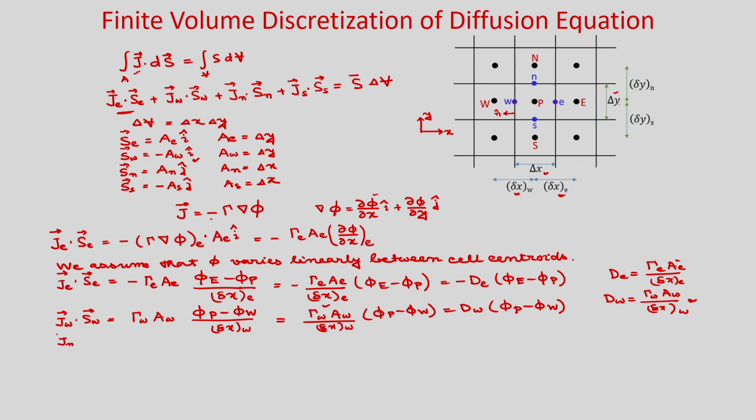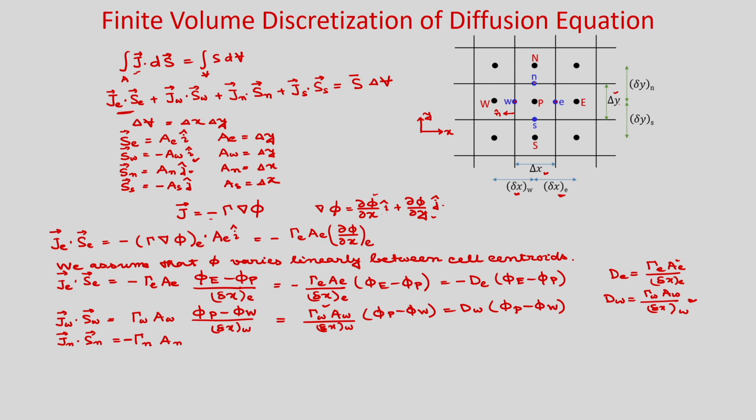Similarly, for the north face you do. So, north face, okay, the north face area is A_n j, and now j dot j will be 1, okay, and i dot j will be 0. So, only del phi by del y will remain. So, you will get gamma_n A_n with a negative sign, because this j is minus, and now del phi by del y.